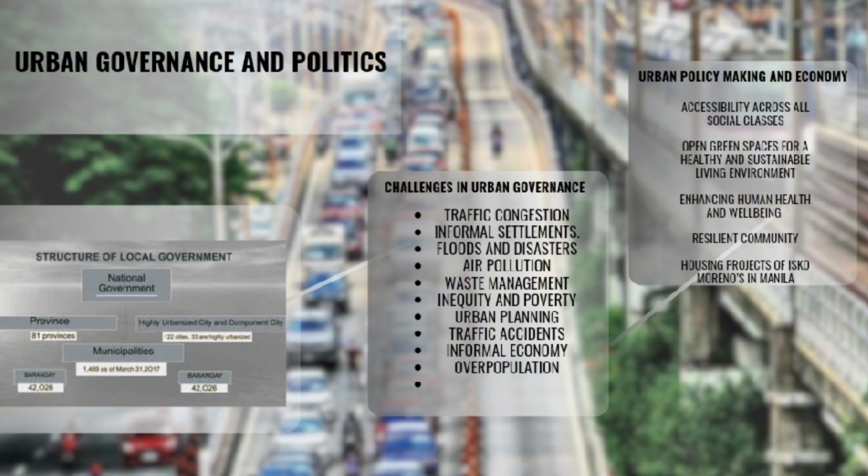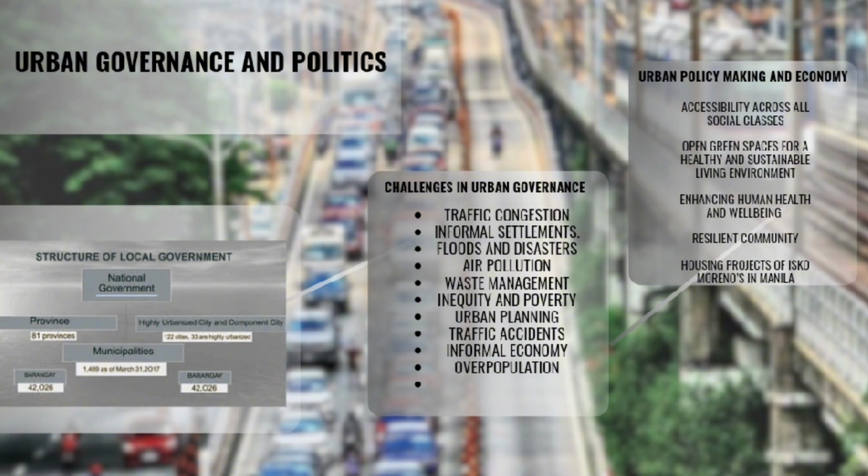So what are the policies made by the local government unit in Manila? First is the accessibility across all social classes, the open green spaces for a healthy and sustainable living environment. That's why they have a lot of green spaces in Manila, like BGC. Second is enhancing human health and well-being.